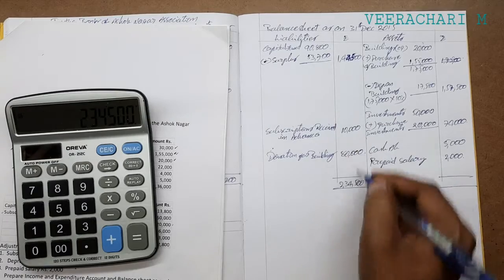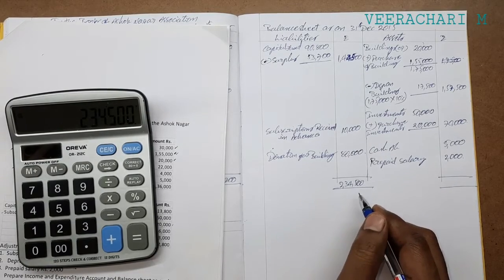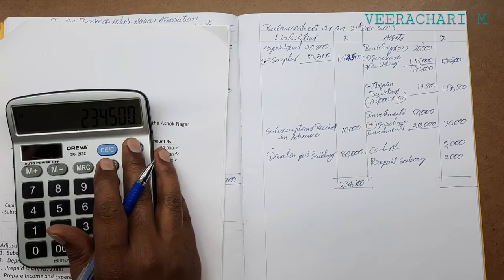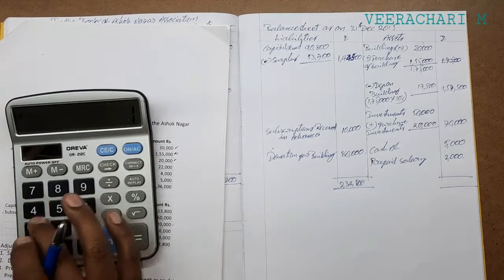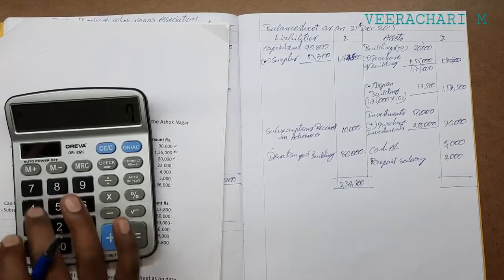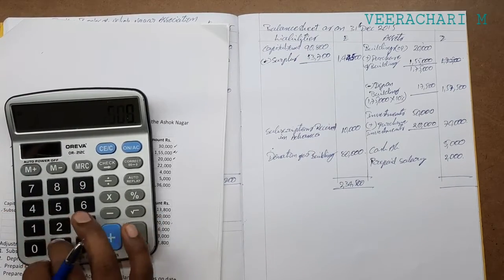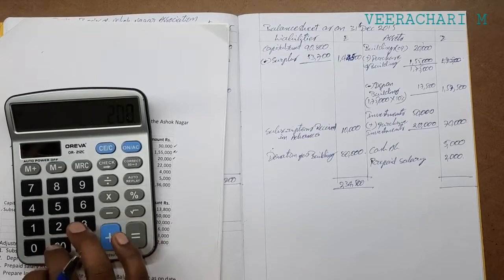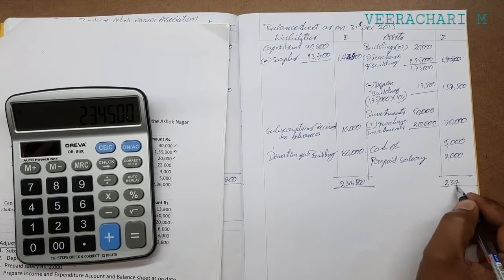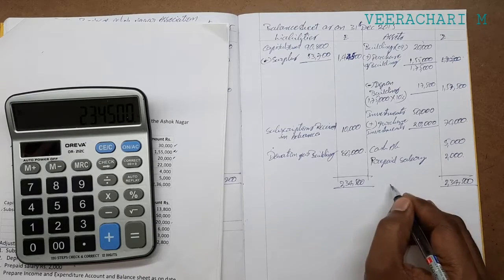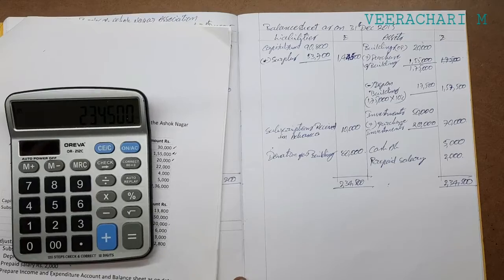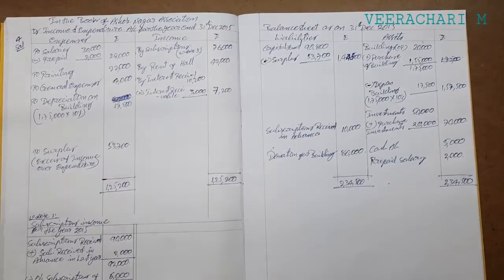Total of liabilities is 2,34,500. Next, total assets: 1,57,500 plus 70,000 plus 5,000 plus 2,000, which is equal to 2,34,500. So both are equal. That is the balance sheet for the fourth solution.